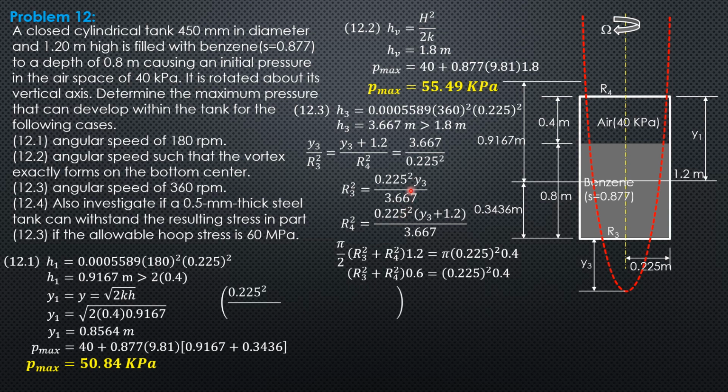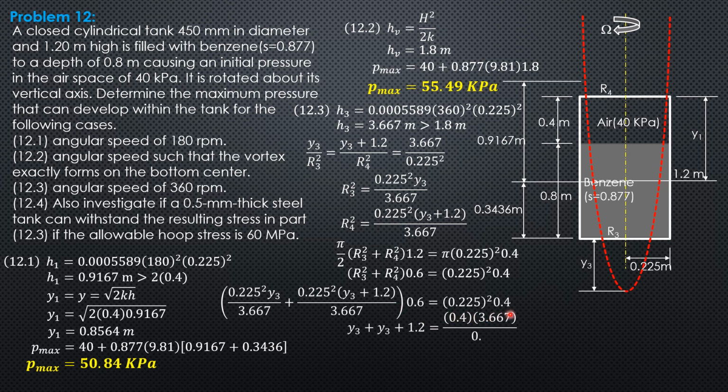Replacing R3 squared by 0.225 squared y3 over 3.667, and R4 squared by 0.225 squared times the quantity y3 plus 1.2 over 3.667, times 0.6 equals 0.225 squared times 0.4. Cancelling out 0.225 squared, then cross multiplying 3.667, the left side becomes y3 plus 1.2 equals 3.667 times 0.4 over 0.6. From here, we can solve y3 equals 0.6223 meter.